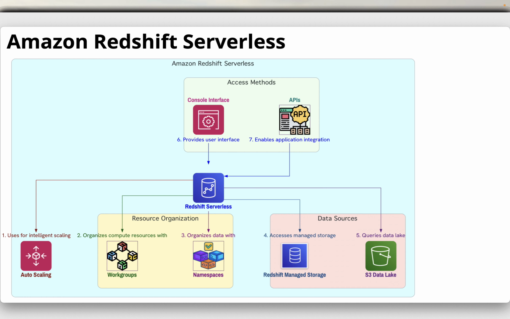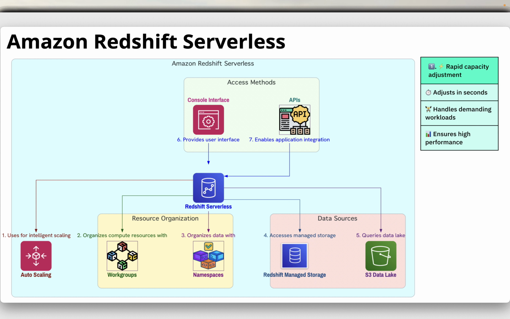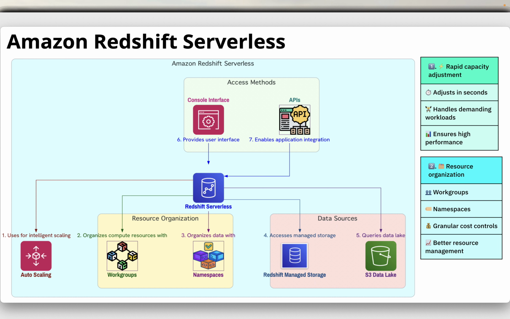Now, I will be just covering specific points related to serverless. So Amazon Redshift Serverless adjusts capacity in seconds, ensuring high performance consistently for even the most demanding and volatile workloads. Users can utilize workgroups and namespaces to organize compute resources and data. This feature provides granular cost controls, which allows for better resource management and cost optimization.